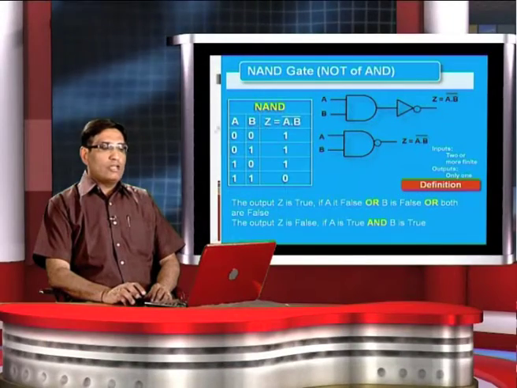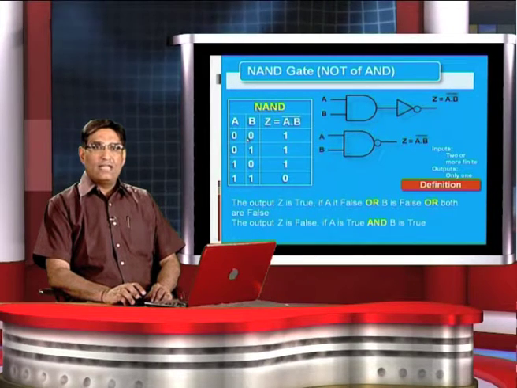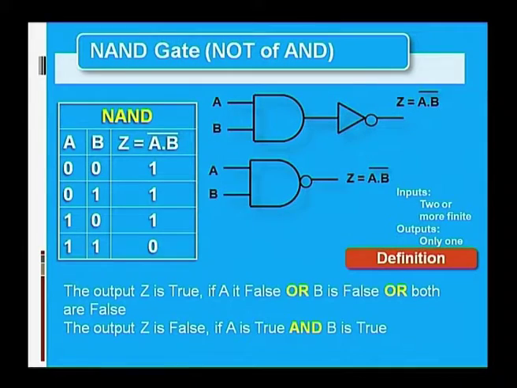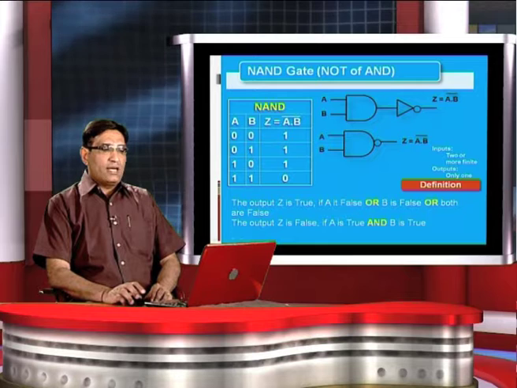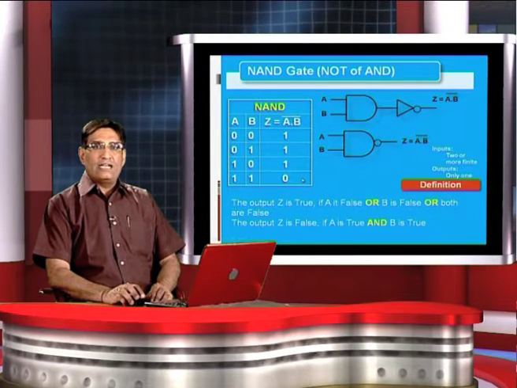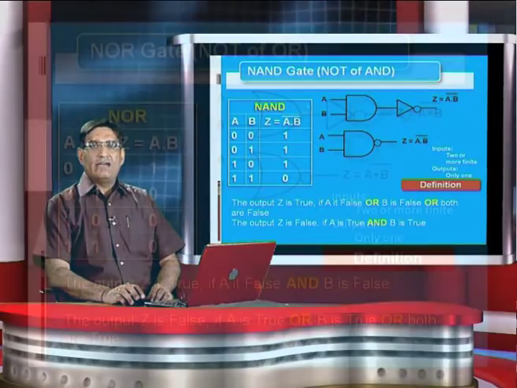From the truth table, 0 and 0 is 0, then in NAND it becomes 1. 0 dot 1 is 0, then in NAND it becomes 1. Similarly 1 dot 0 in NAND produces 1 and 1 dot 1 bar produces a 0. That means a NAND table is just the complement of the AND table. We replace all the output zeros by ones and vice versa.